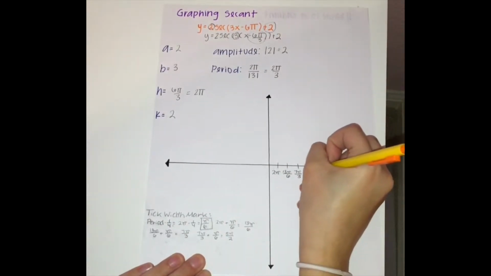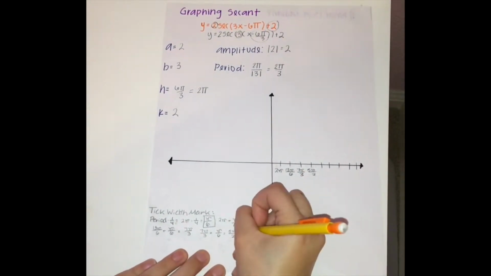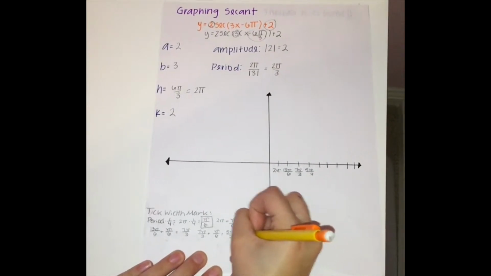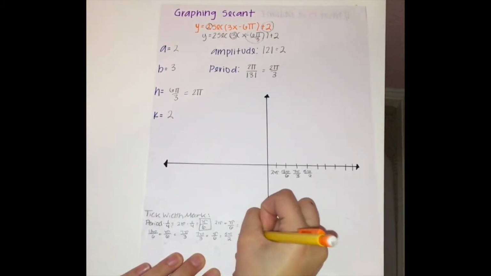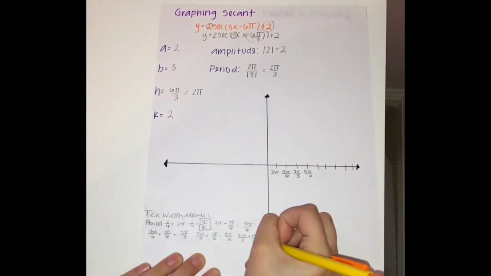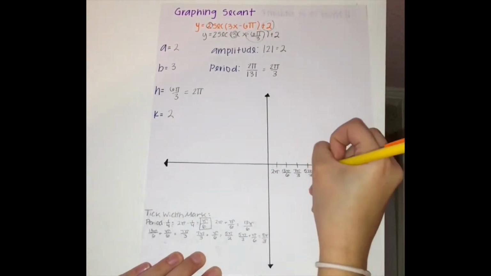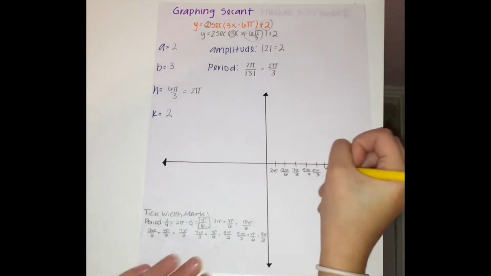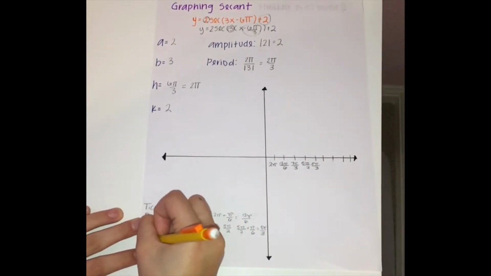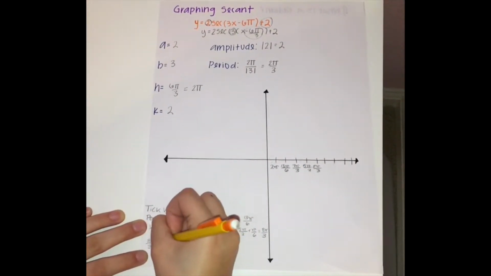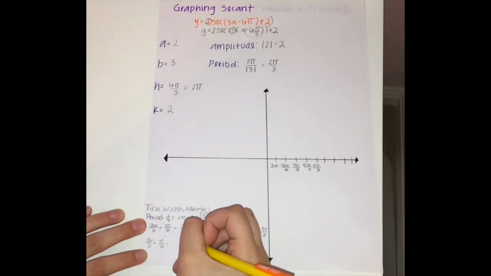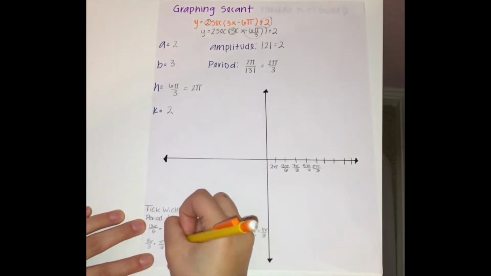Then you'll take the 5 pi over 2 and add pi over 6 to it, which will give you 8 pi over 3. Then you'll take your 8 pi over 3, add pi over 6, and you'll get 17 pi over 6.